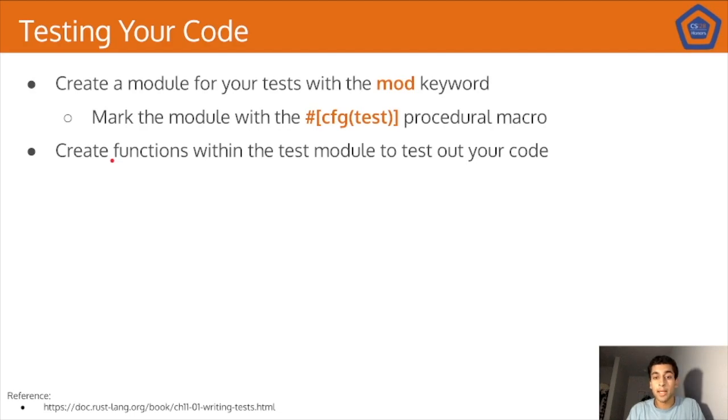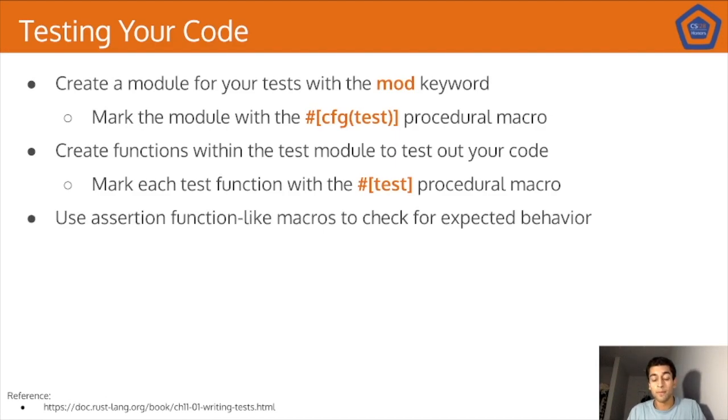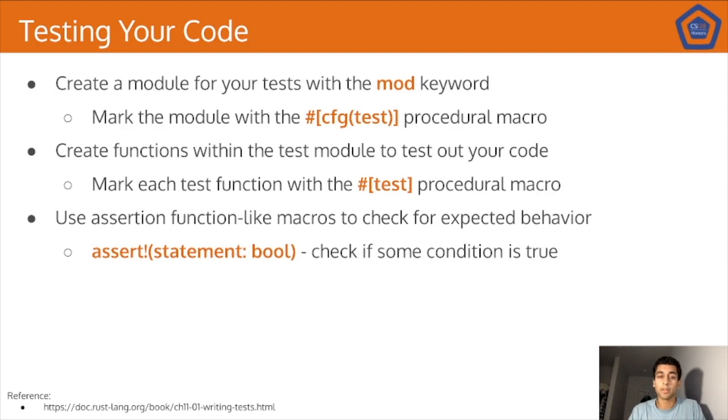And you're going to mark each test with the hashtag test procedural macro. So this tells Rust that this function is a test, and so run it when you're running my tests. So you can use assertion function-like macros to check for expected behavior. So there's the assert macro that checks if something is true.